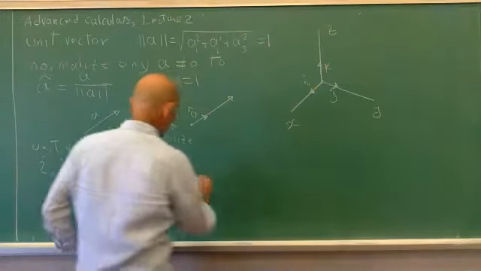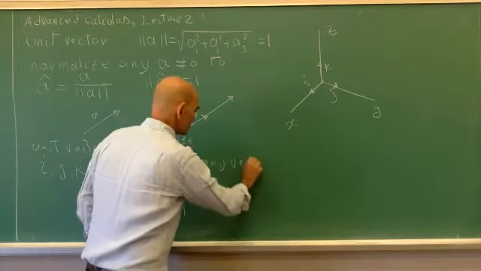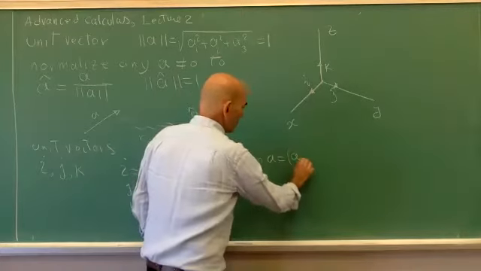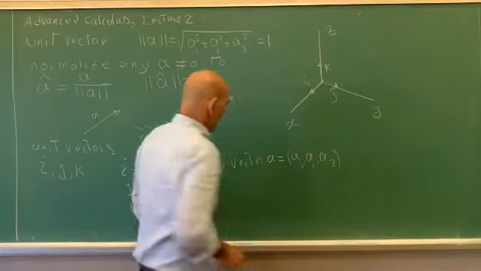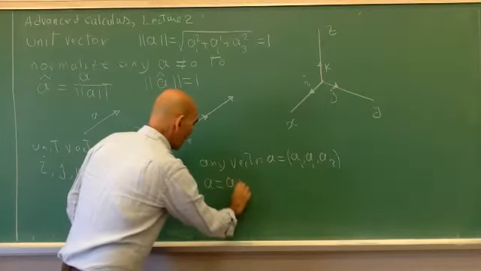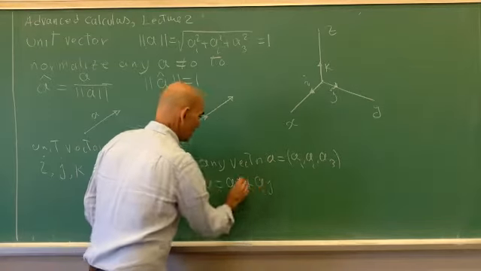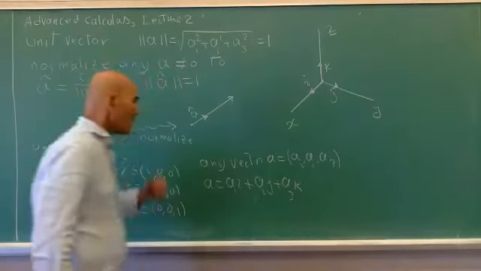So then any A, which in coordinate notation has coordinates a1, a2, a3, can be written as A equal to a1 i plus a2 j plus a3 k.